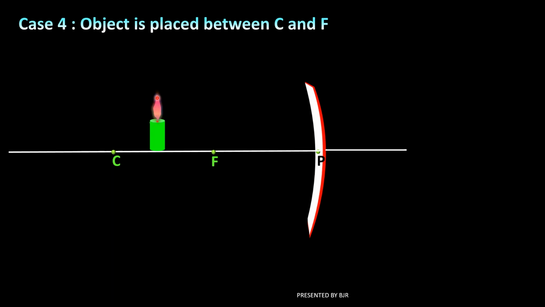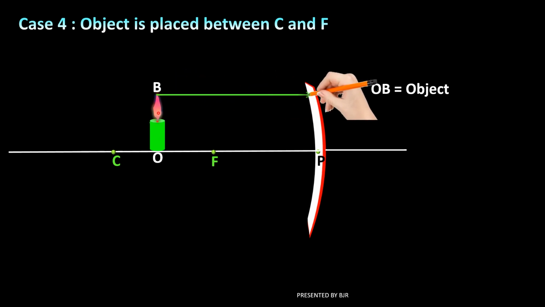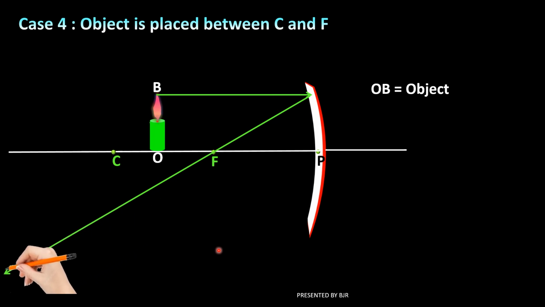First draw the ray 1. Here OB is the object. From the point B, draw a ray traveling parallel to the principal axis, that is called as the ray 1. I am drawing ray 1 and this ray will get reflected here and will pass through the focal point. And I already told you, draw the second reflected ray directly from the point B through the center of curvature like this.